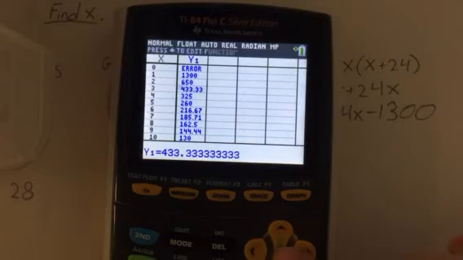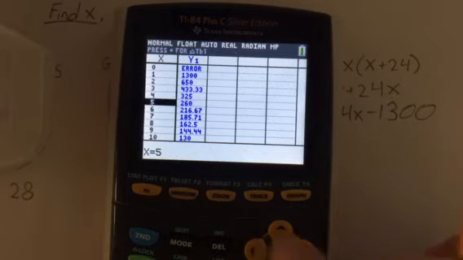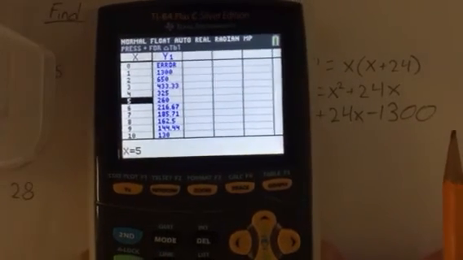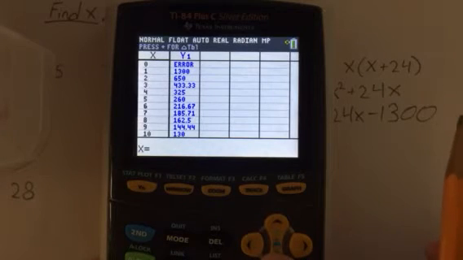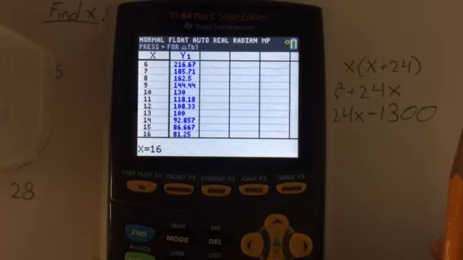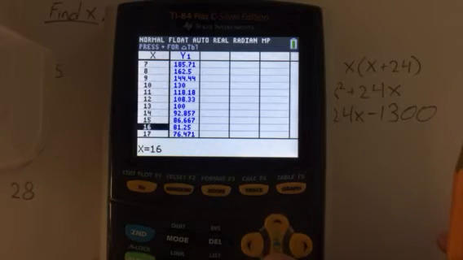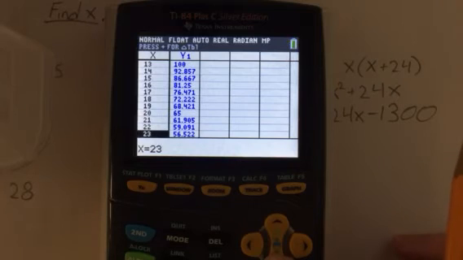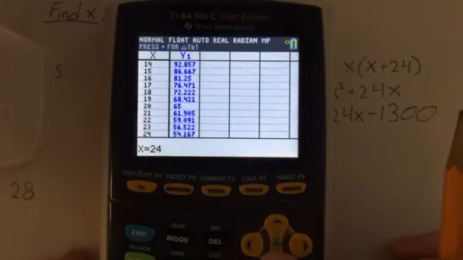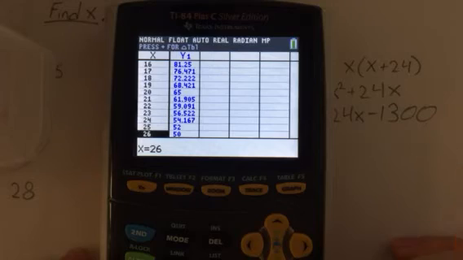So you wouldn't look at this one because that's a decimal, but look at all the whole number combinations you have and see which ones look like they could add to 24. So if you scroll down a ways, well, maybe you went past it, no? Almost there. Okay, you end up with this.